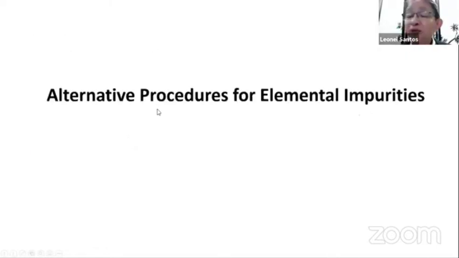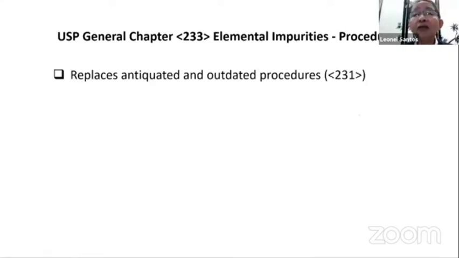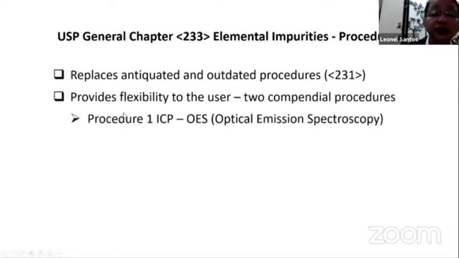So now we go to the last alternative procedure development that is also gaining a lot of attention in much of the pharmaceutical industry, and this is the elemental impurities. Now, the old chapter for elemental impurities described in USP is a chemical reaction, and this has been replaced by two instrumentation.